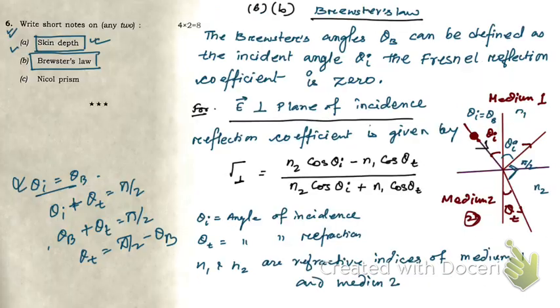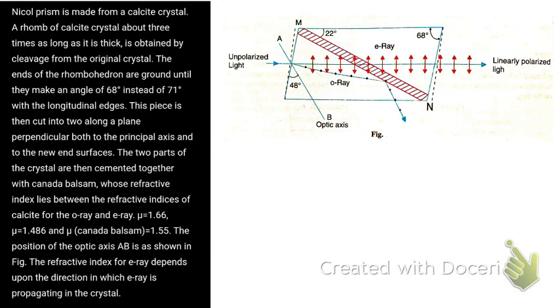And the next one is the Nicol prism. Let me give you the answer. So here is the last answer to the Nicol prism. This is the first piece here, this is piece number 1, and this is 2. Then pause the video and take a screenshot.